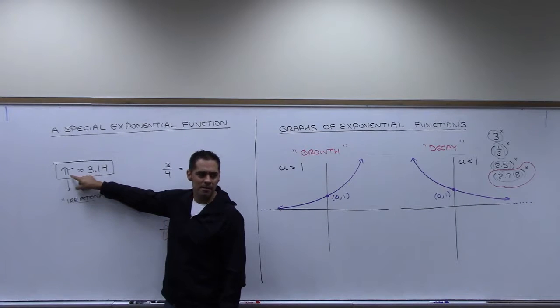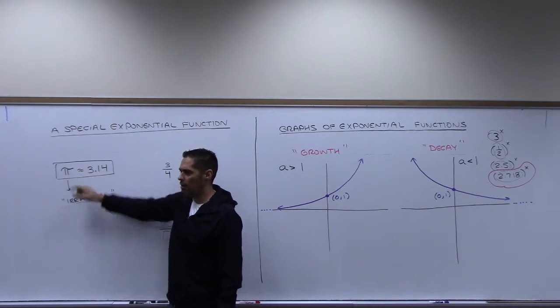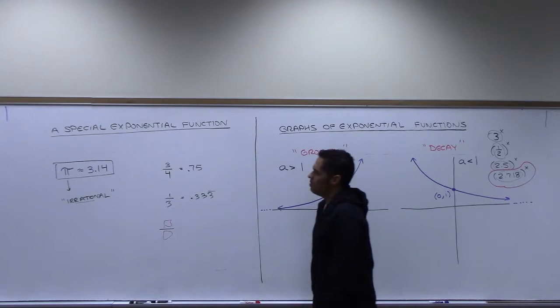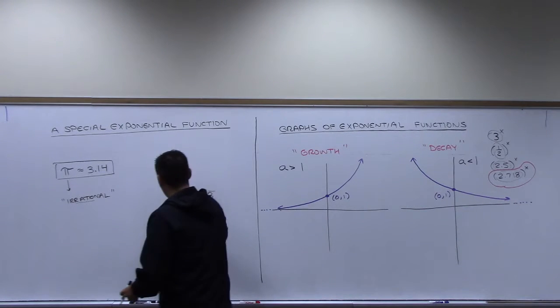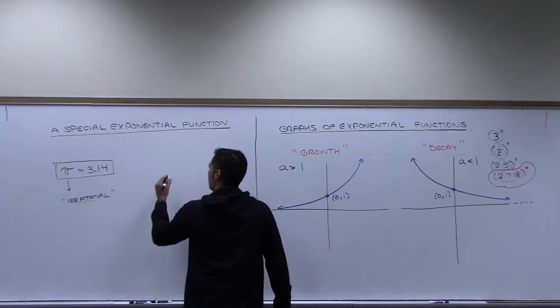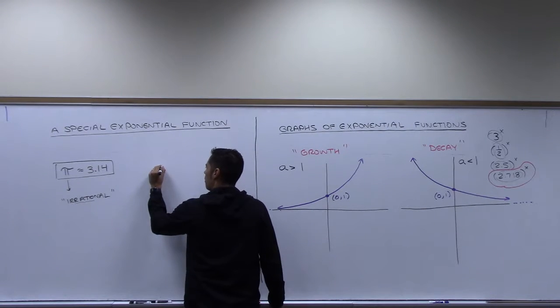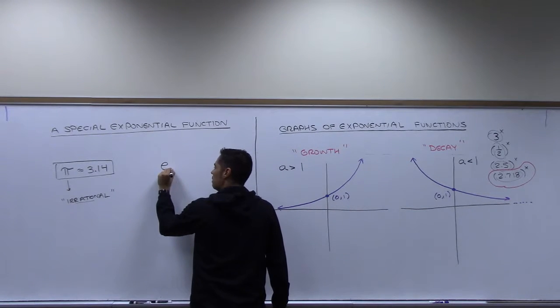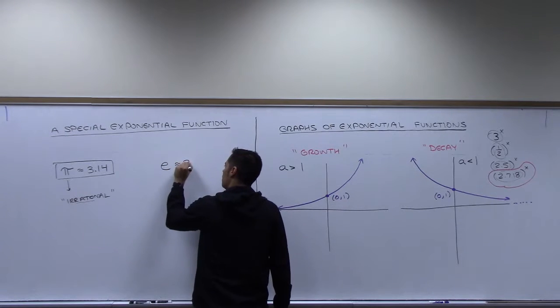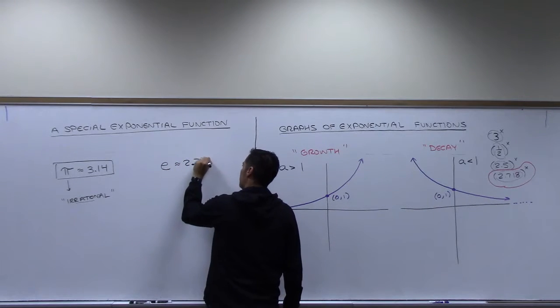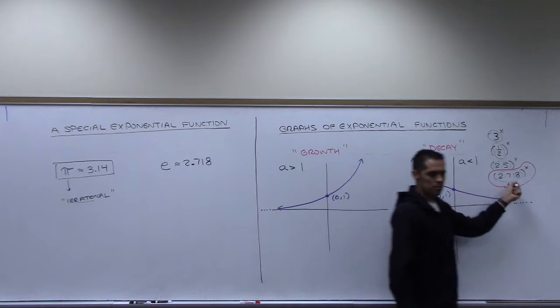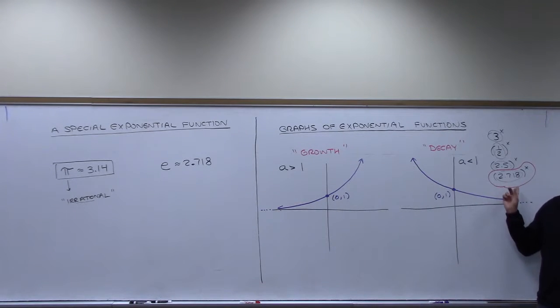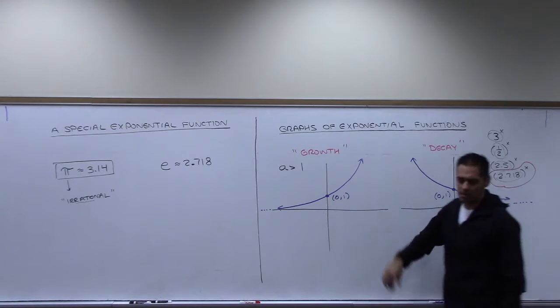This is pi, a Greek letter for P. So there's another very special number that we use a letter for, and it is the number e. And it is approximately 2.718, which is why I gave this to you. I wanted you to do that graph first, and then we come talk about e.